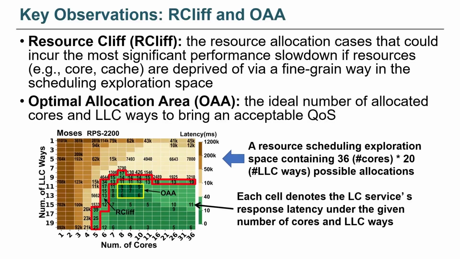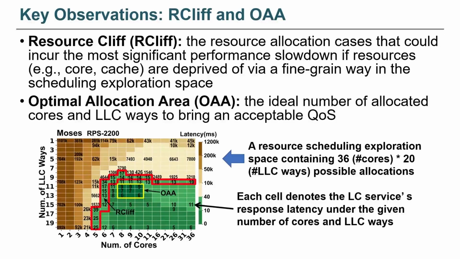RCliff is defined as the resource allocation cases that could incur the most significant performance slowdown if resources are deprived in a fine-grained way in the scheduling exploration space. RCliff alerts the scheduler not to allocate resources close to it because it is dangerous to fall off the cliff. The second is the optimal allocation area, which we call OAA.